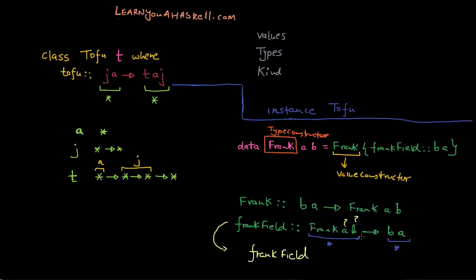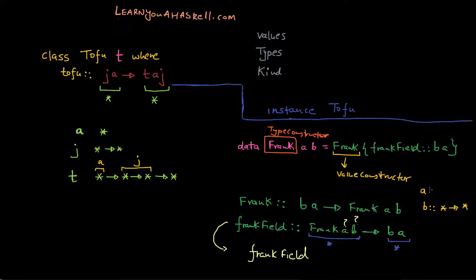Frank of AB, I can say that, or even if I start with something, let's say start with BA, that would be easier to start with. So B is something that has a kind where it actually consumes a concrete type A and gives back as an output another concrete type, this entire concrete type star.